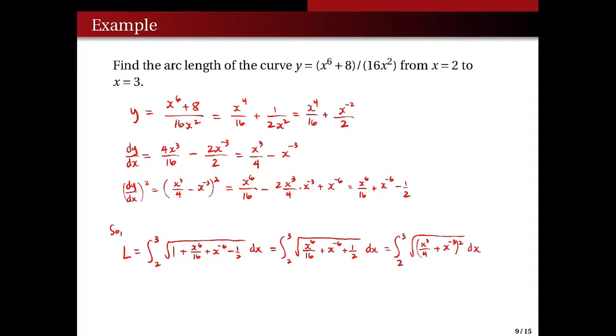Which means that guy, you have the square root and you have the squared. So you'll just end up with x cubed over 4 plus x raised to negative 3. And you want to integrate this from 2 to 3 with respect to x.